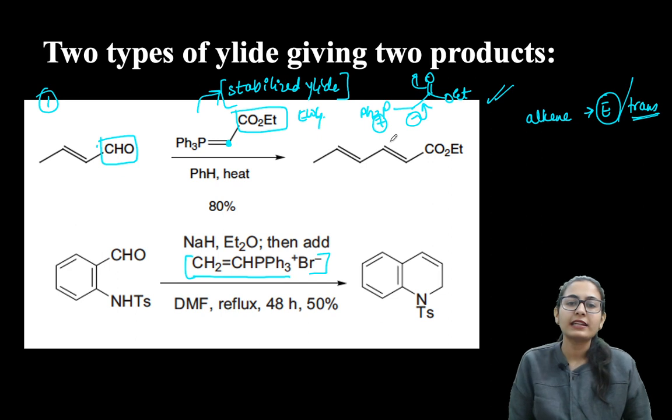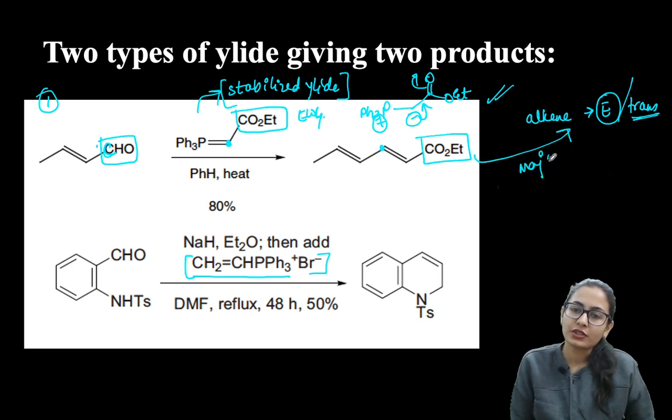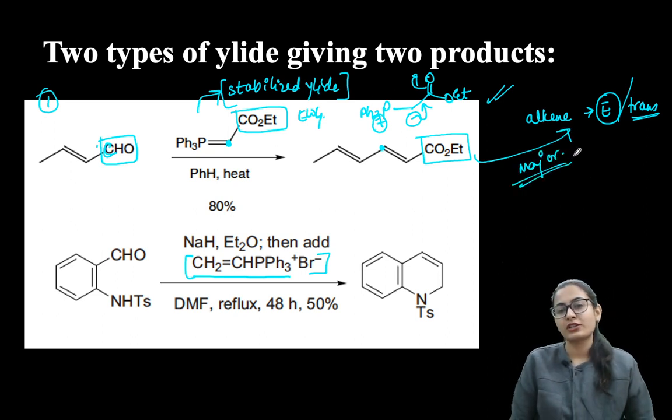Whatever alkene you have generated onto the aldehyde carbon, we have now generated a double bond in this manner with an electron withdrawing group that specifically gives you major E alkene, or major trans alkene. Okay, very well.